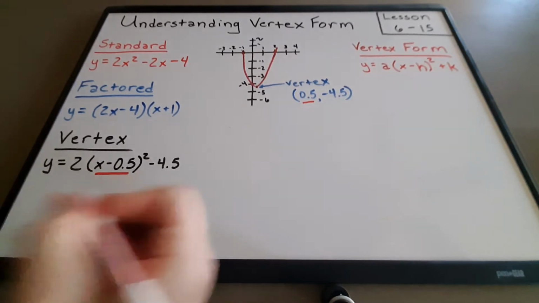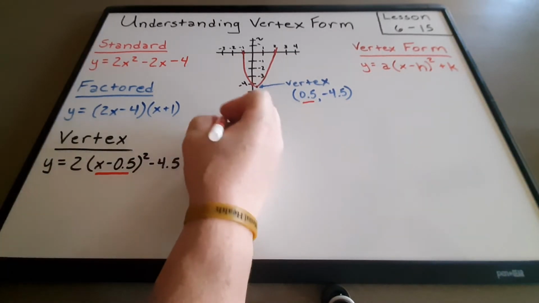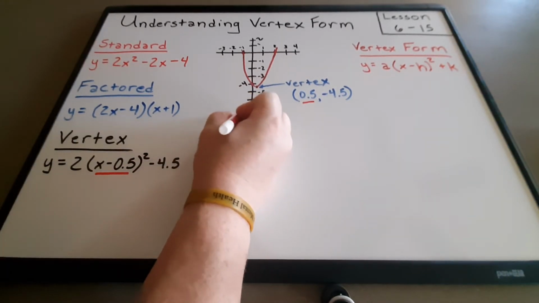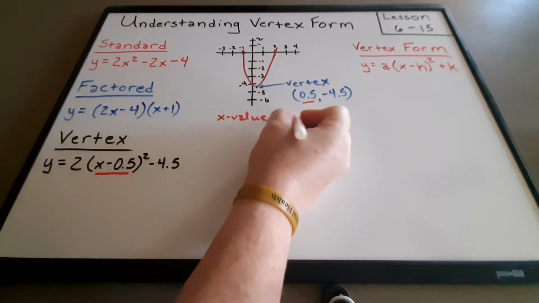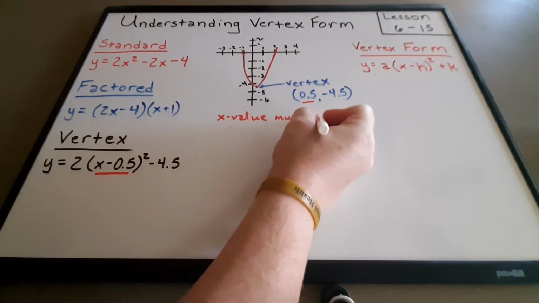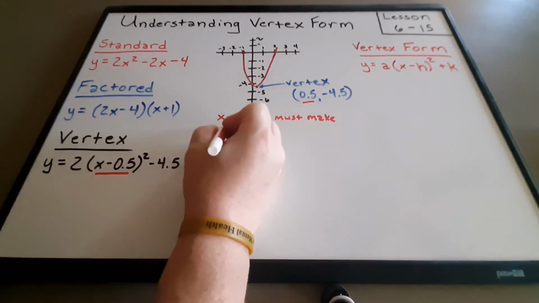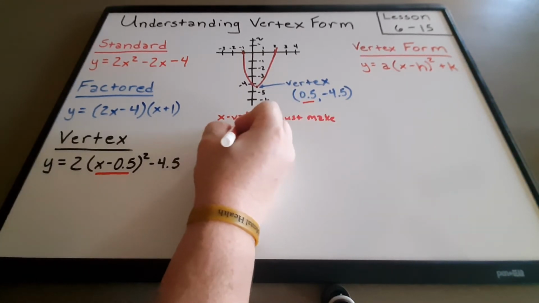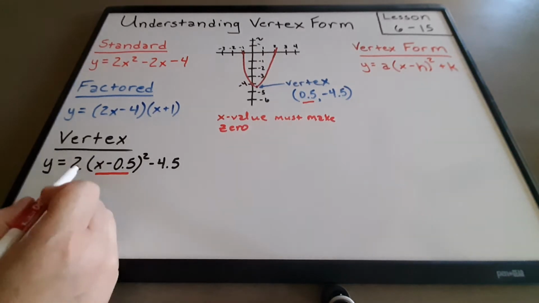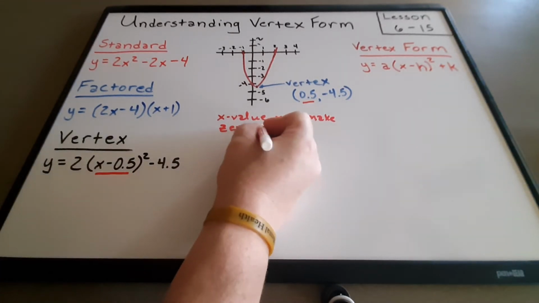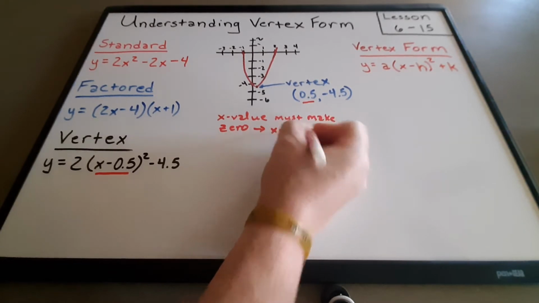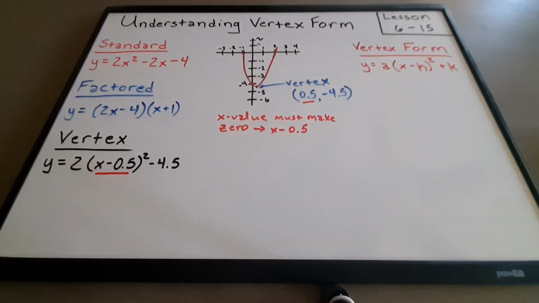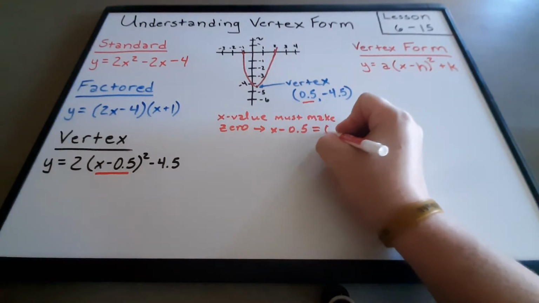What we know is that the x value must make 0. And it makes 0 with the parentheses here. So what we do is we take the part that's a parentheses, x minus 0.5. Notice I don't need the square because our goal is to make 0, and we want it to equal 0.